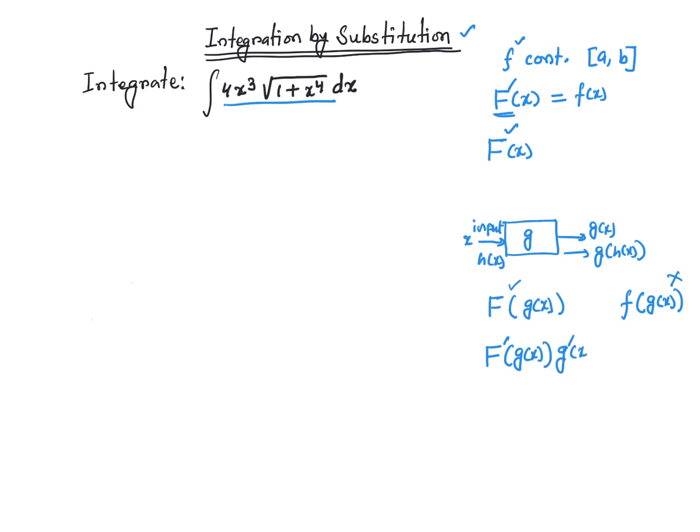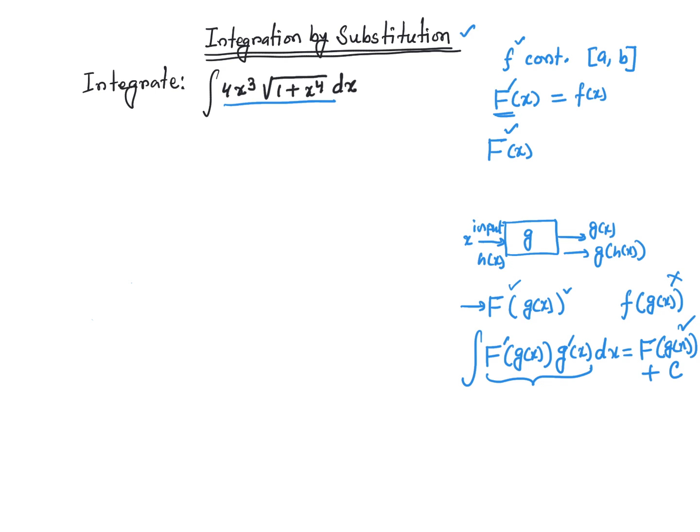Now, according to the definition of antiderivative, this has antiderivative f of g of x, because if I take the integral of this dx, I'm going to get f of g of x plus c, that is, with an extra arbitrary constant c. This is a family of functions that differ by constants.